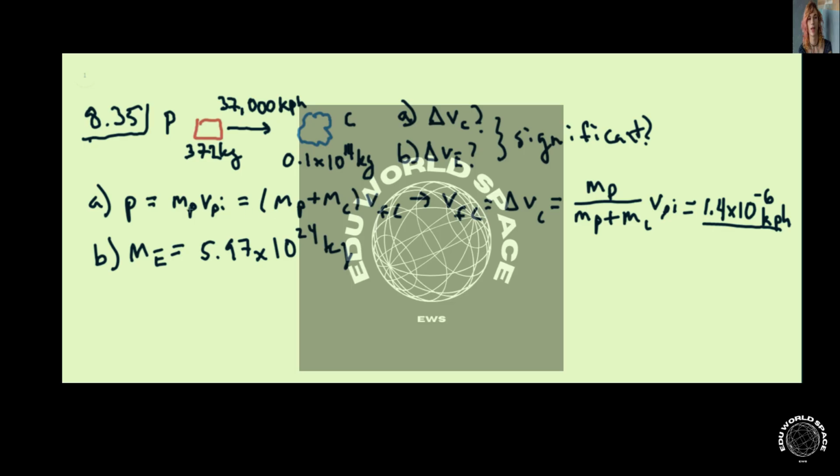So nothing about the actual physical situation has changed. So we know the change in speed of the Earth; basically we just put in the E wherever C was here, and then C wherever P was here.